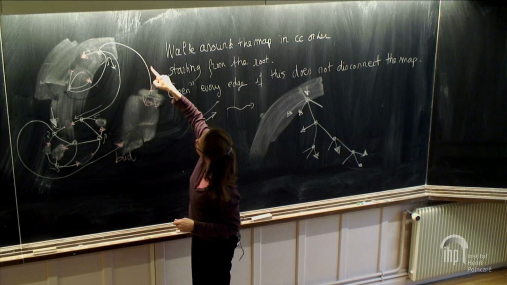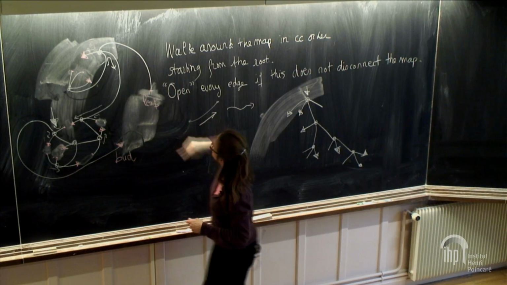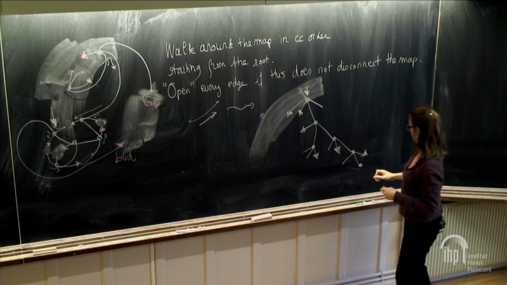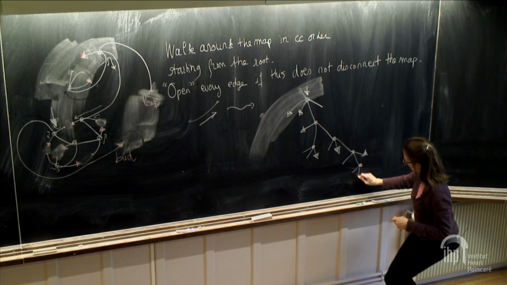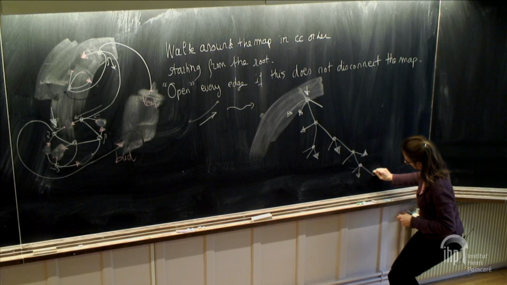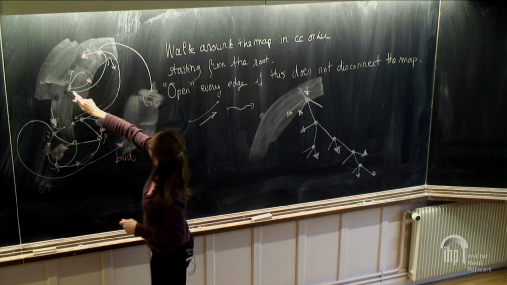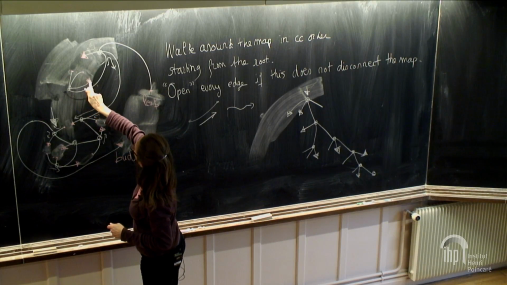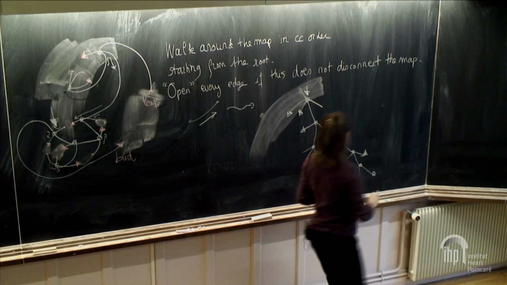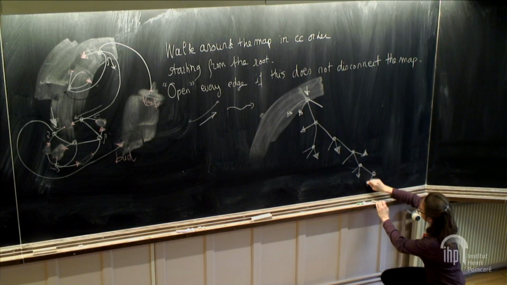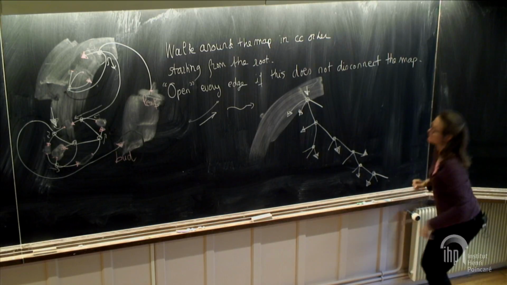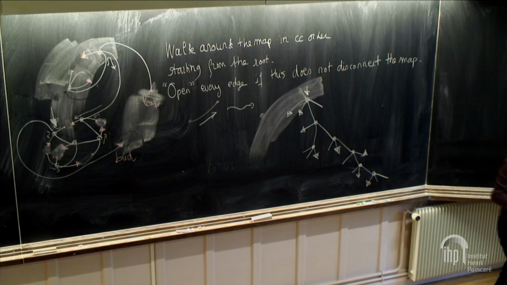So I find leaf, bud, vertex, leaf, bud, vertex. And this is the vertex which has bud, leaf, leaf. Okay, it's a rather thin tree, but this need not be the case.